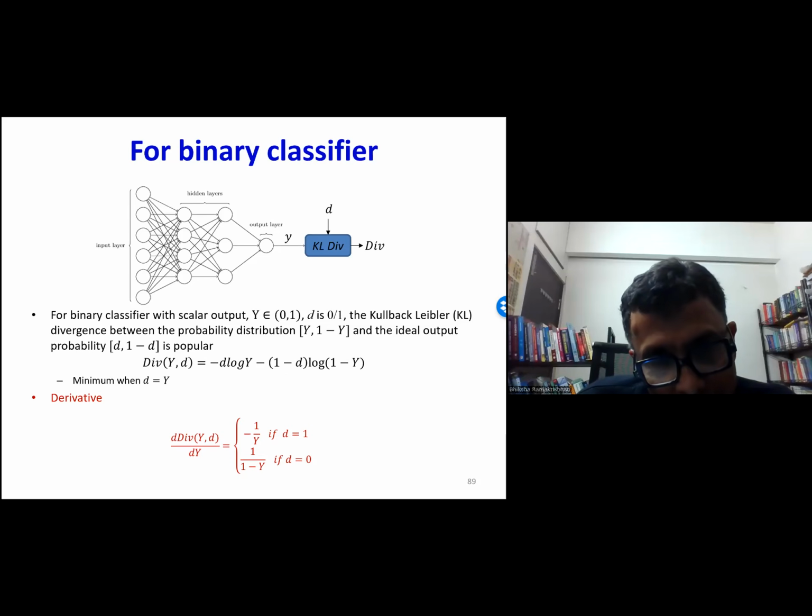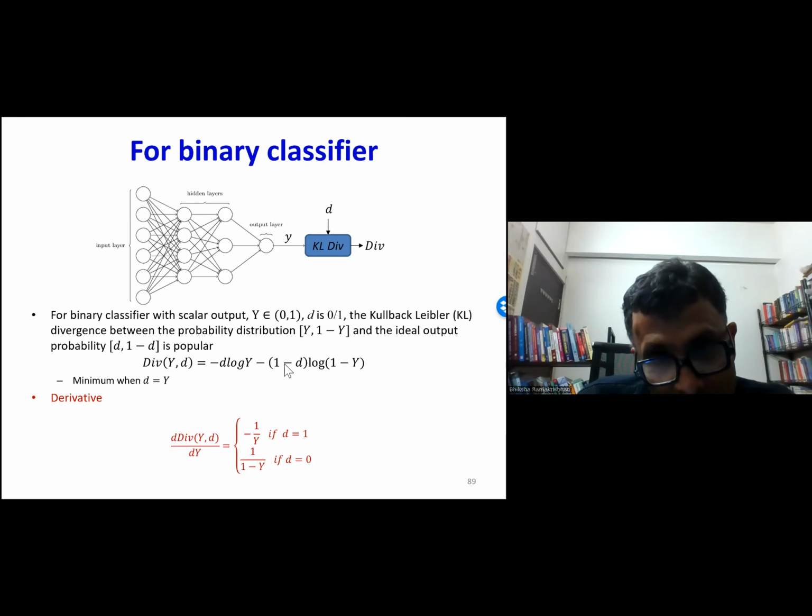And you can see what happens if y equals d. If the desired output is 1 and the actual output of the network is also exactly equal to 1, then log y becomes 0. And because the desired output d is 1, 1 minus d becomes 0, and the entire divergence becomes 0.